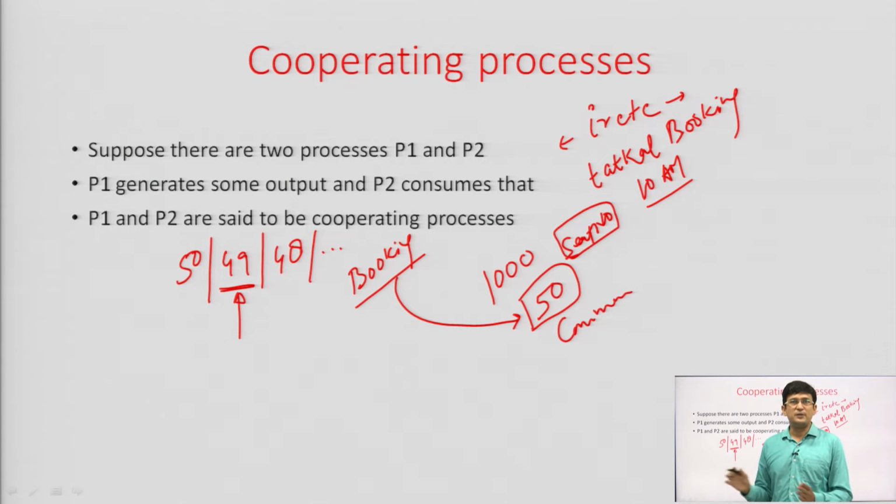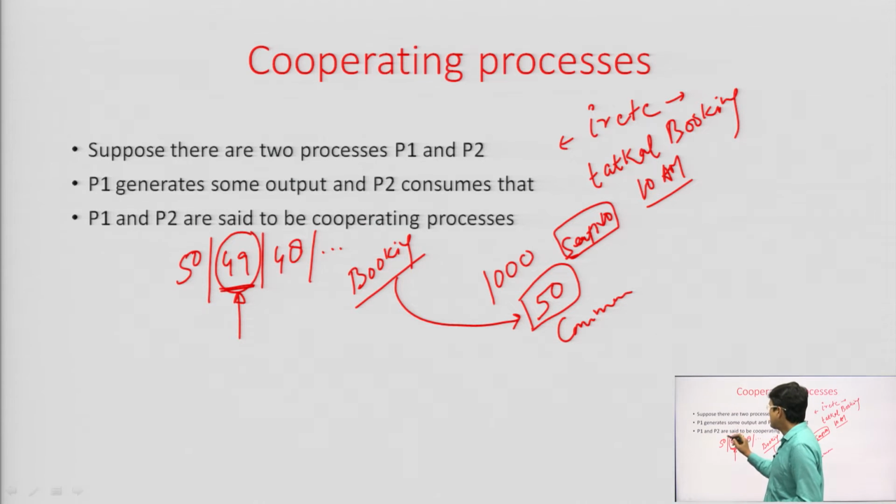So, there are several processes, and we should have some synchronization mechanism by which only one process can have access to this seat number at a time, and only when one process books the ticket and decrements this count, the next process can come in. So, this is a critical section.